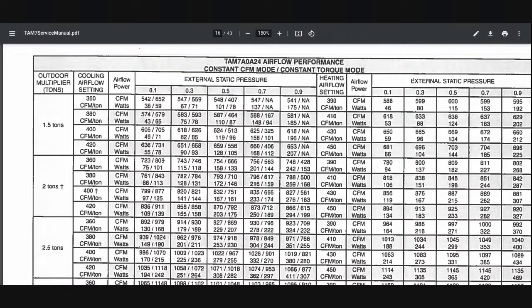So that basically means we're somewhere between 820 and 832 CFM. So at 0.4, you're running 828, okay? That's where this chart becomes very useful, because you can see how much air you're actually moving, and it can help you explain what's going on.